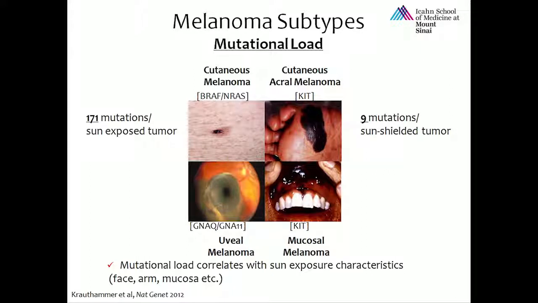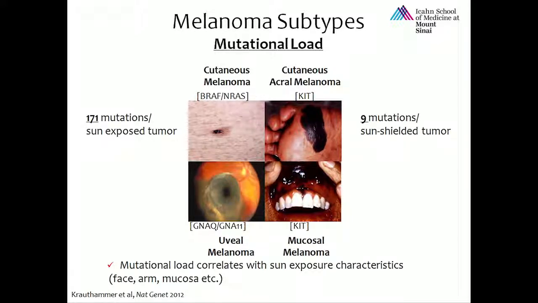So again, in melanoma, we would like to keep the classification very simple. We talk about cutaneous melanomas arising from epidermal melanocytes, follicular melanocytes, mostly driven by BRAF or RAS mutations. Acral melanomas arise from palm, sole, subungual sites. They tend to have either KIT mutations or amplifications.